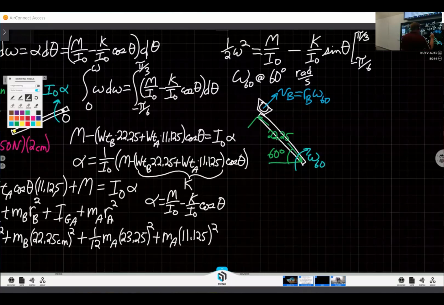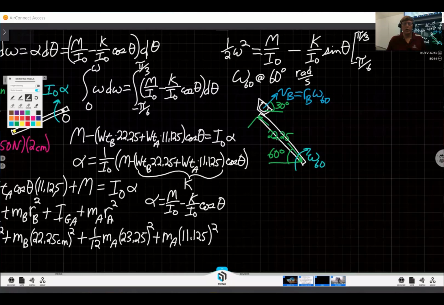What will be helpful to go ahead and identify in this diagram is if we're 60 degrees there, it looks like we're launching at 30 degrees, would be our angle that we're launching at. So the question is, why do we take the integral of omega from 0 to omega?